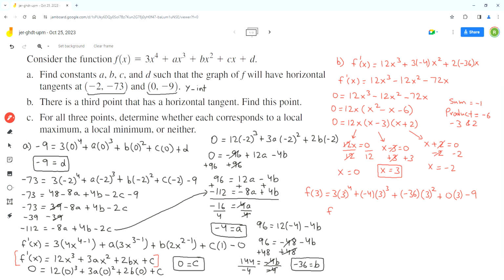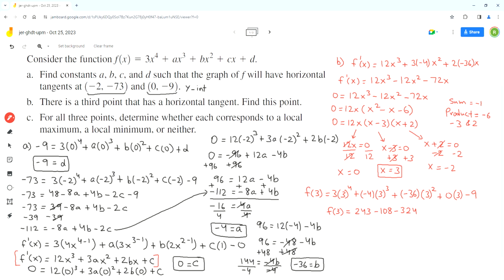So now we have to evaluate this expression. So 3 times 3 exponent 4, so it's 243, and then minus 4 times cube of 3, which is equal to negative 108, and then negative 36 times 3 squared, which is negative 324.